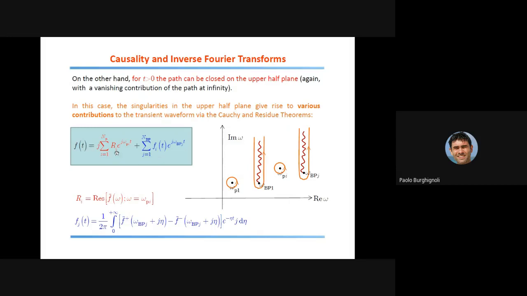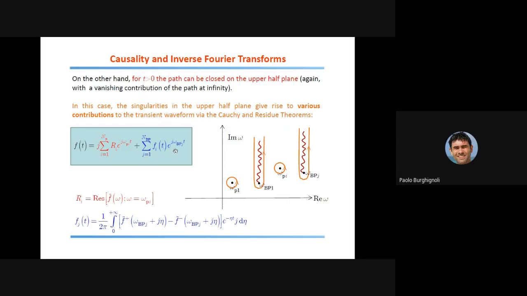In red, you can see the contribution of poles, where the coefficients r, which multiply the complex exponentials, are given simply by the residues of our function f tilde at those poles. And then there is the contribution in blue that comes from the integrals around the branch cuts.